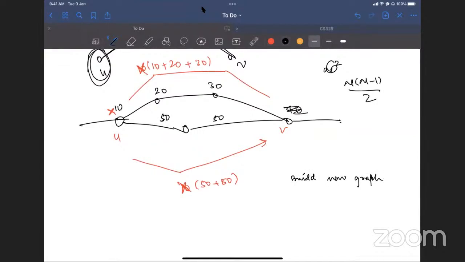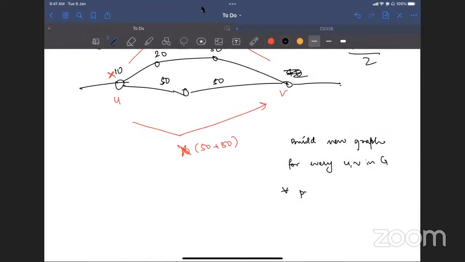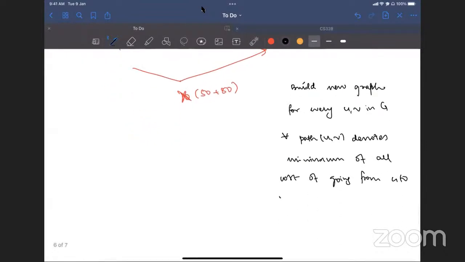Yeah, so that's it. Basically build a new graph for every U comma V in the graph, such that the path U to V denotes the minimum of all costs of going from U to V by just refueling at U. And you don't stop in between.